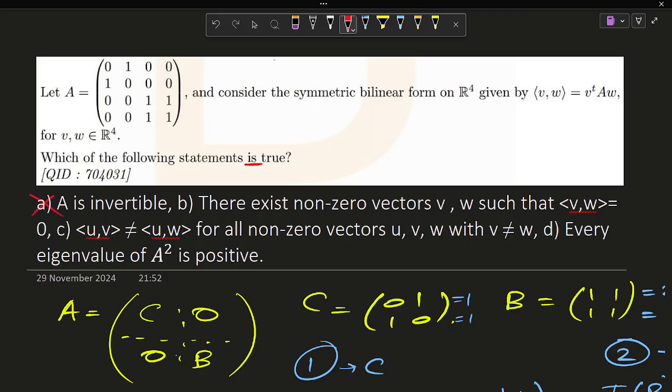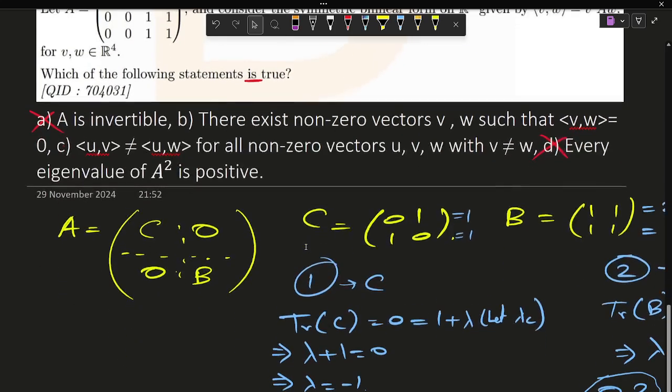And option D, every eigenvalue of A square is positive, is also cancelled out, because we have 0 as an eigenvalue of A. So that is a wrong statement here.